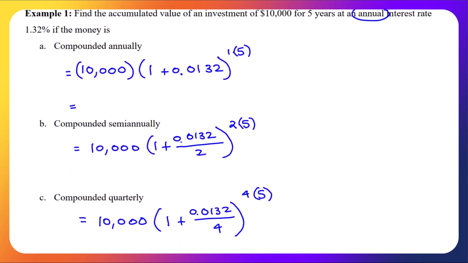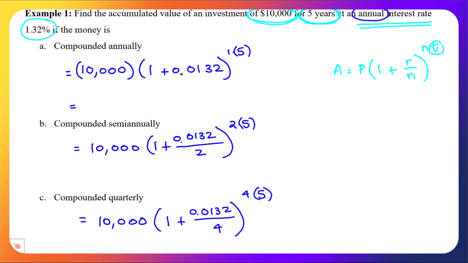So here are 3 examples where the principal, or amount I start with, is $10,000. I'm going to do it for 5 years, and the annual interest rate per year is 1.32%. So the amount equals the principal times 1 plus r over n, raised to the nt.